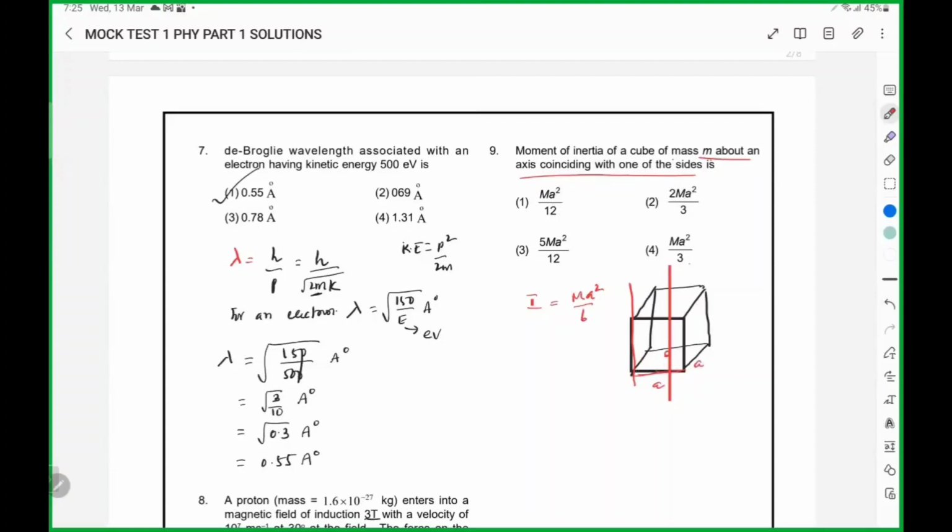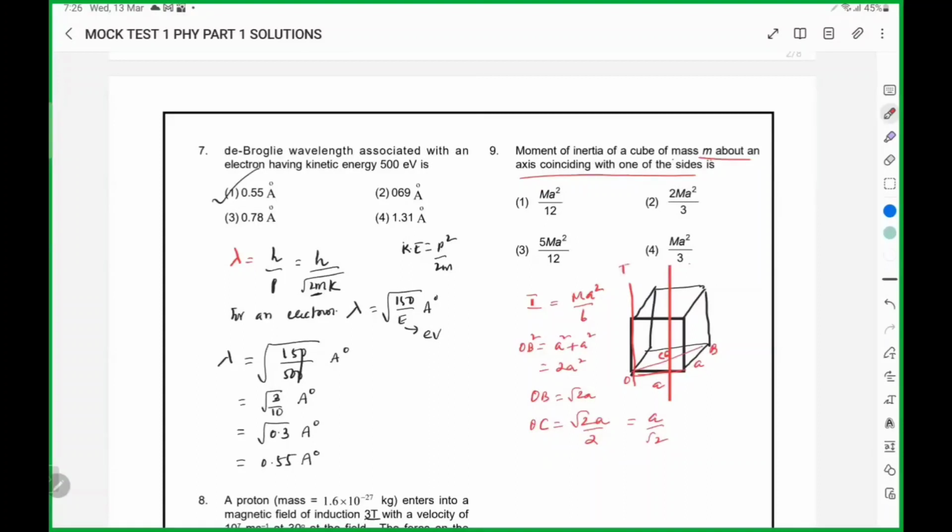So this is a. OB square is a square plus a square, which is 2a square. OB is root 2 a. It is the center. OC will be a by root 2.